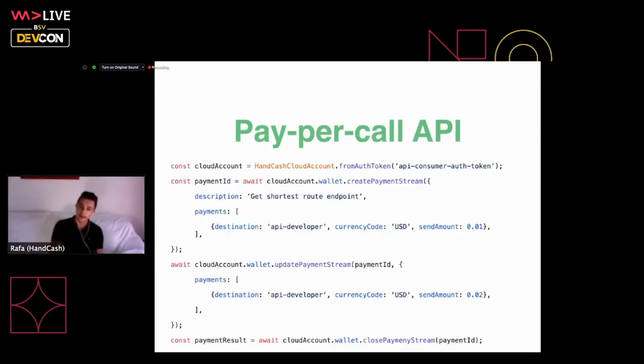So then who is receiving the money in that case? It would be the API developer. Or maybe if there's a service like Coda offering this, it would be fair to get a fee for them.